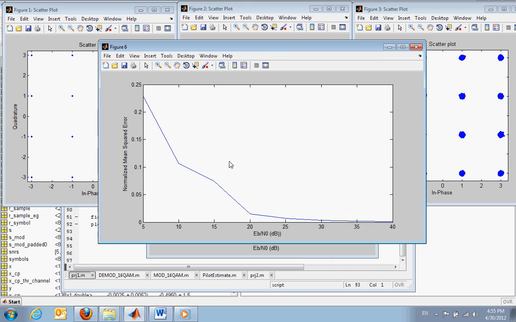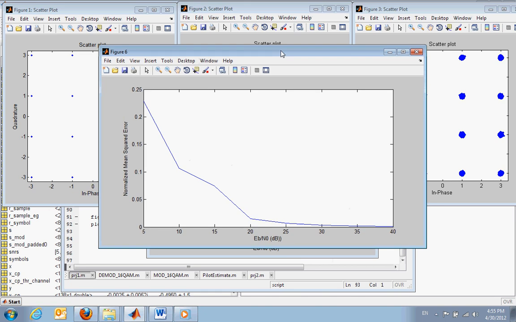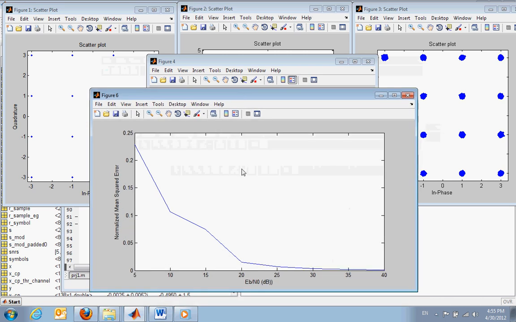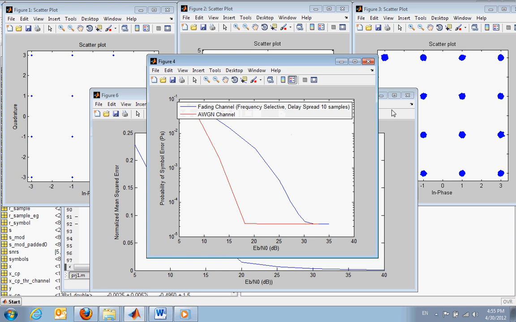This observation matches our previous results when we discussed the symbol error probability trend in the previous plot.